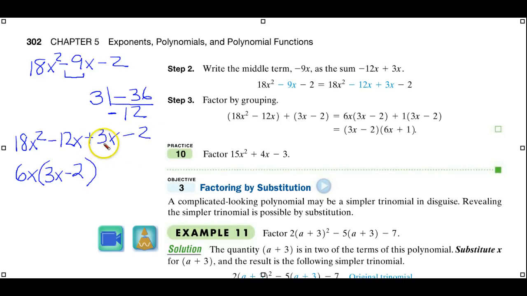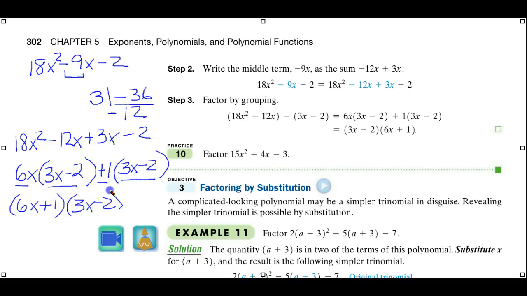But what did we say we can always factor out of anything? A positive 1. 3x minus 2. Now, there's our common factor, and in one parenthesis we put this 6x plus 1 times 3x minus 2.